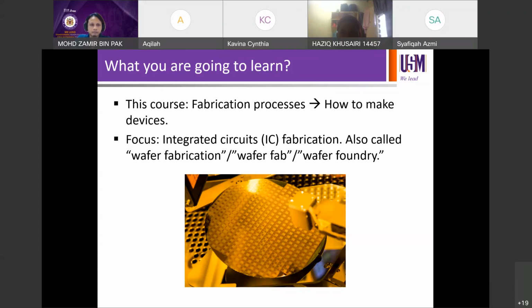The focus of this course will be given to integrated circuits or transistors in particular, but the processes you're going to learn, a range of different processes, are also applicable to some other semiconductor devices as well.